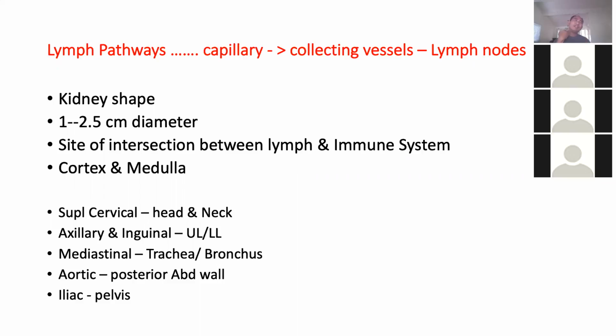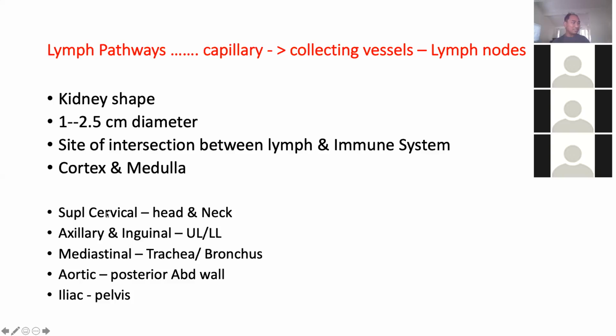So if we feel a lymph node in the sternocleidomastoid muscle, we have to check the head and neck and the throat. That is the importance, because if there is any cancer in the oropharynx, nasopharynx, we cannot easily see it, and they present with an enlarged lymph node in the neck.